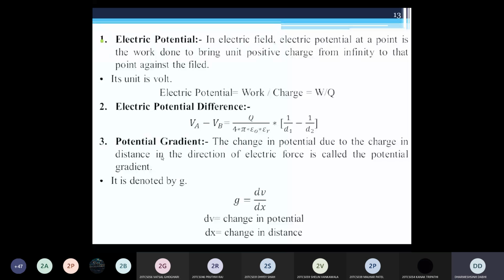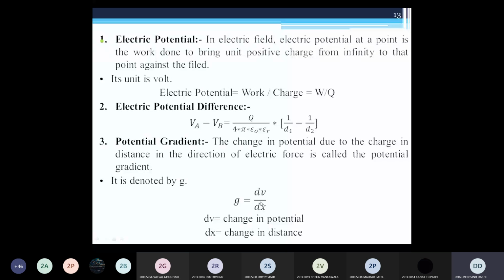So the change in the potential is what? VA minus VB, or you can say delta V, dV, to the change in the distance, which is dx. So the equation is: potential gradient is equal to the change in voltage dV divided by the change in distance dx, because the definition is the change in the potential due to the change in the distance in the direction of the electric force.